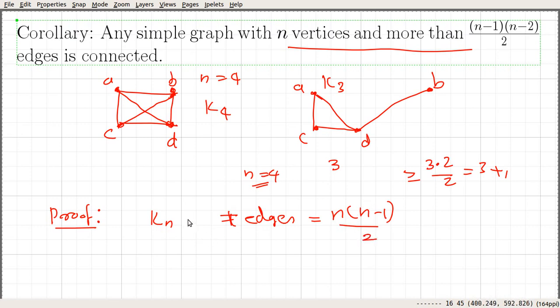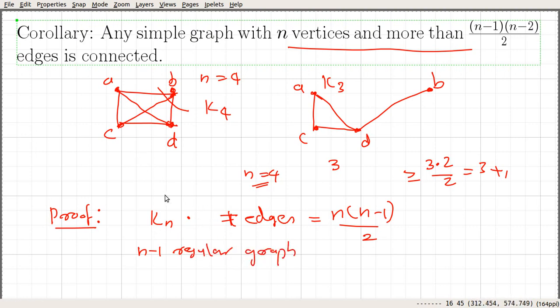In order to make this disconnected, we isolate one vertex and delete all the edges incident on it. If you consider K4, the degree of all the vertices is 3, so it's a 3-regular graph. Similarly, Kn is an (n minus 1)-regular graph.